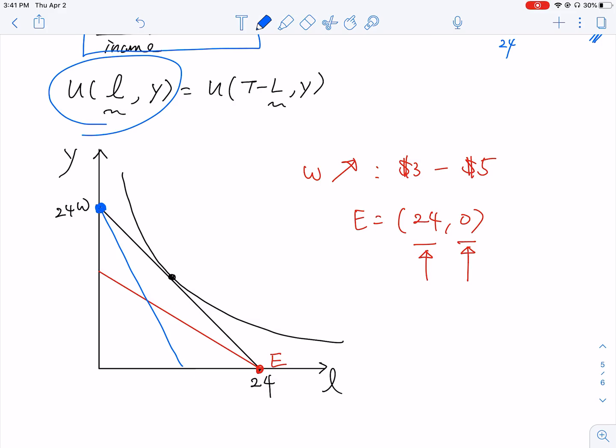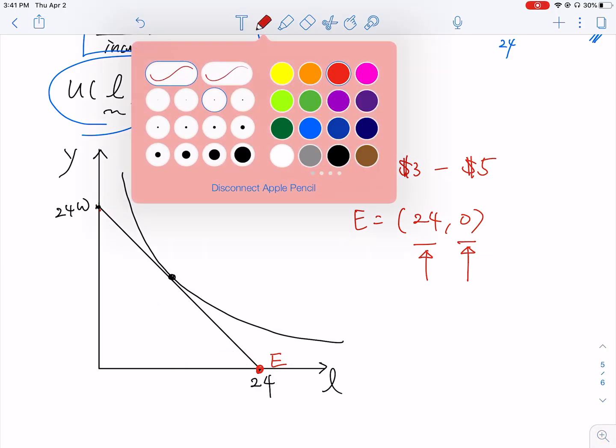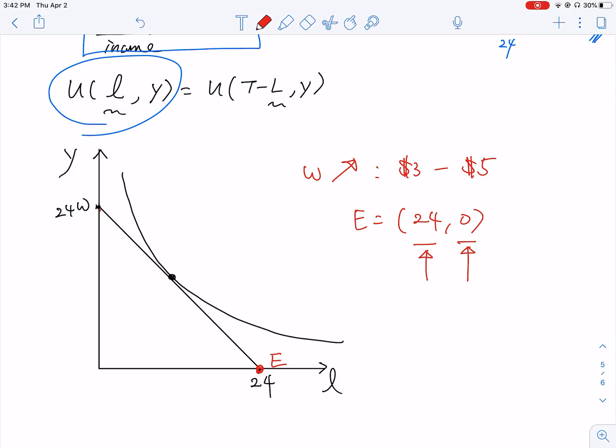But now the endowment doesn't have to be there. In this specific leisure-work trade-off model, the endowment turns out to be at the intersection of the budget line and the x-axis, right? So this is going to be your budget line.